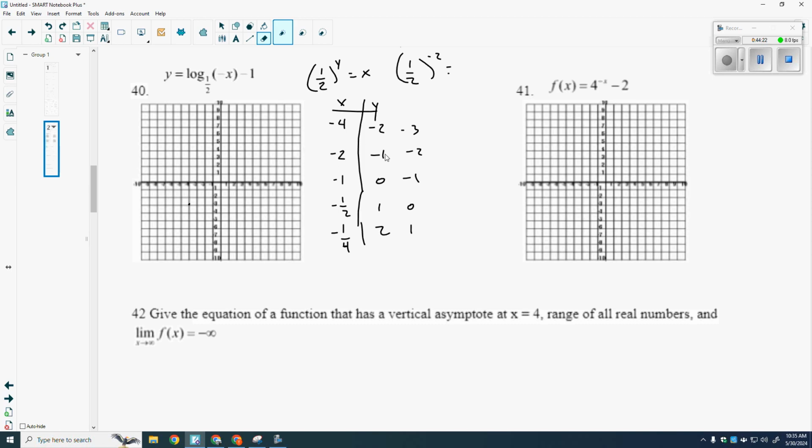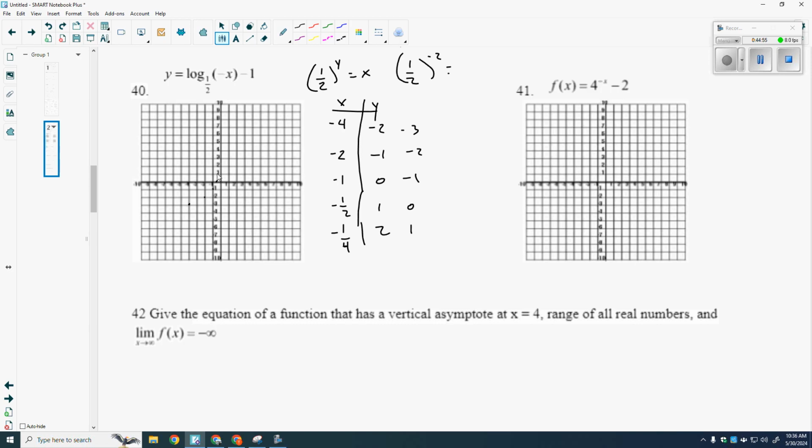Okay, -2, -1. That doesn't look right. Maybe. 1x is -1/2 and 0, -1/4 and 1.